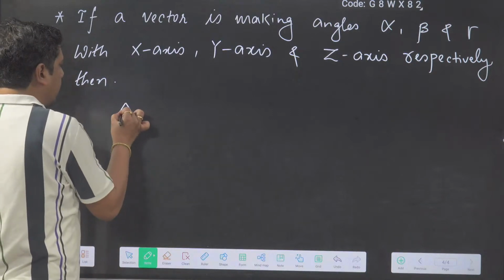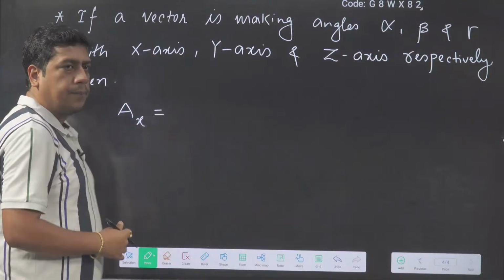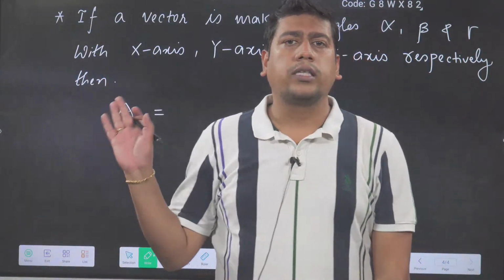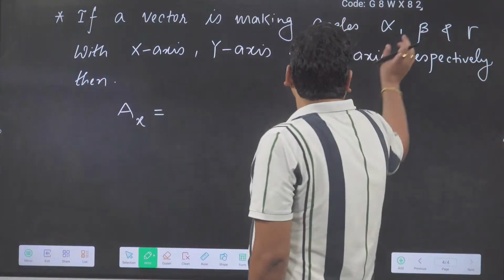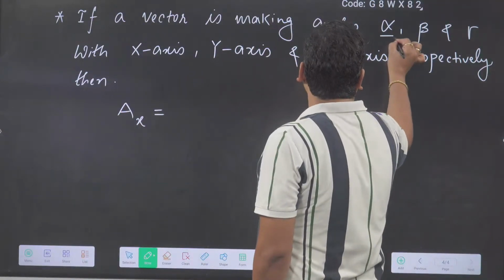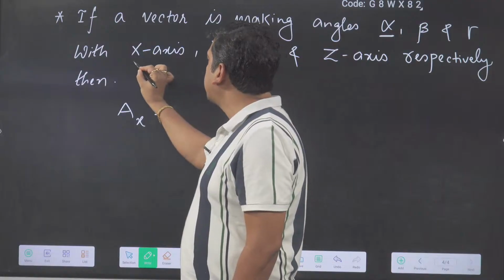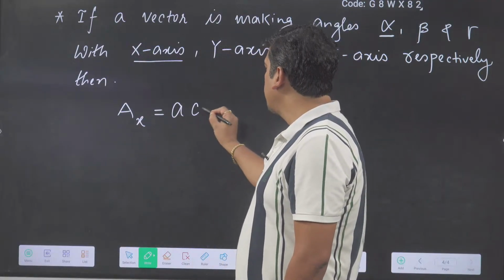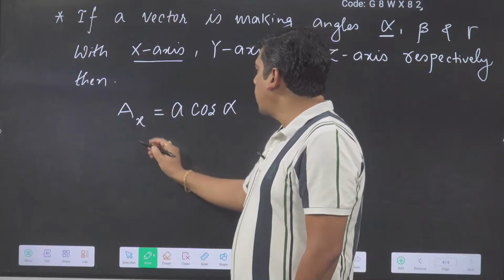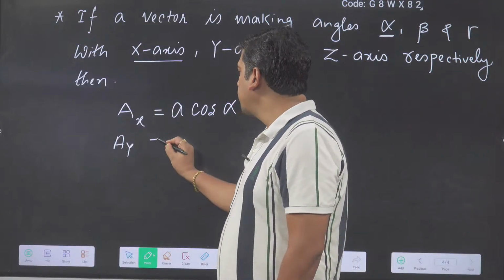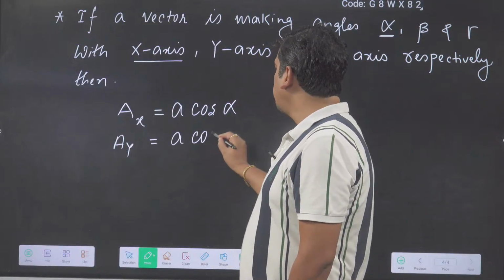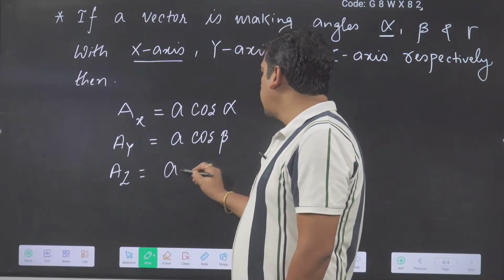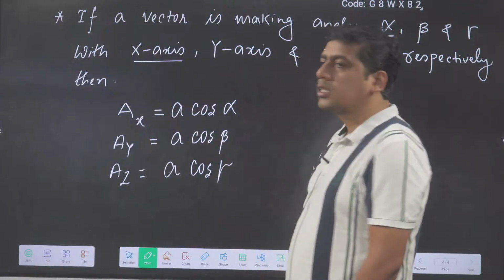Just like I told you, if you know the angle, you can simply write a cos theta. The angle with x-axis is alpha, the angle made by the vector with x-axis. So the x component will be simply a cos alpha. Y component a cos beta, no need to write sine. Z component a cos gamma.